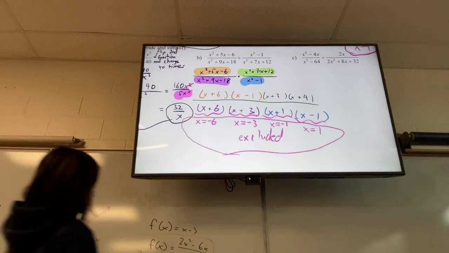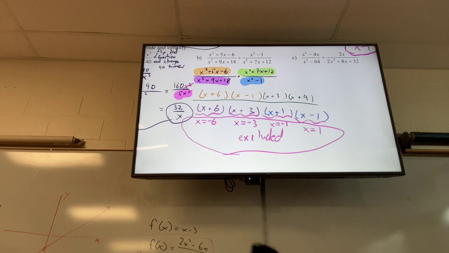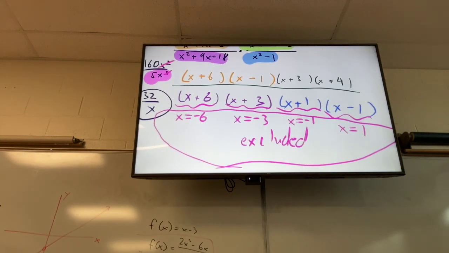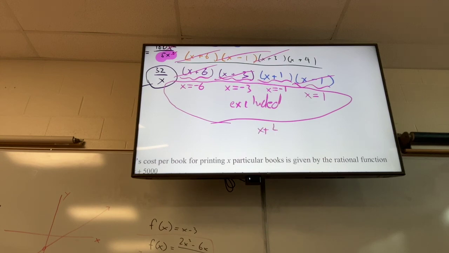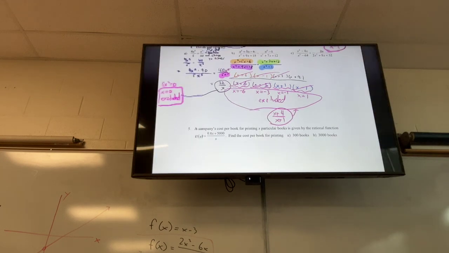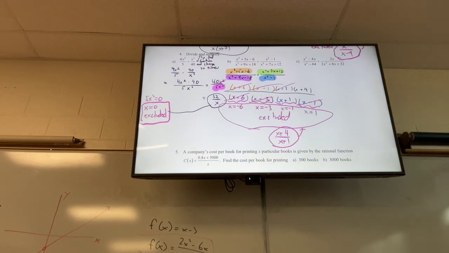And then what cancels? So the x plus 3's cancel, the x plus 6's cancel, the x minus 1's cancel. So we're left with x plus 4 over x plus 1, with these excluded. Okay. So that's it. I'll skip C. It's just another example of this.